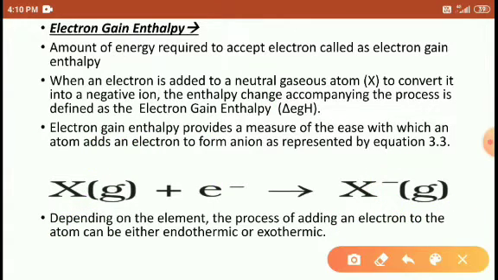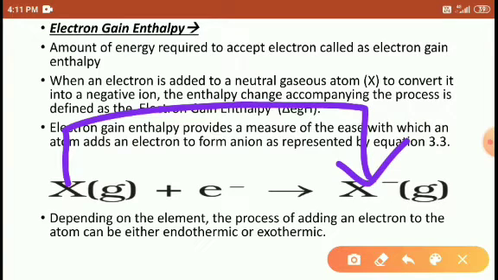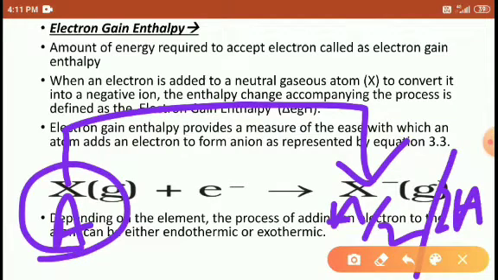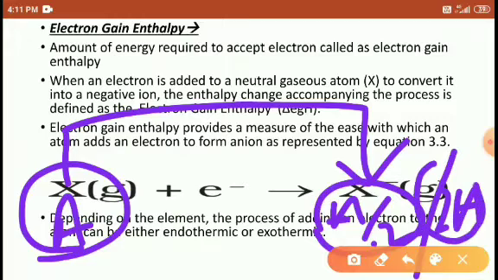When a neutral atom X is transformed into the X ion, the enthalpy changes. Obviously the enthalpy changes: here the enthalpy is A, and here it might be A by 2 or 2A.